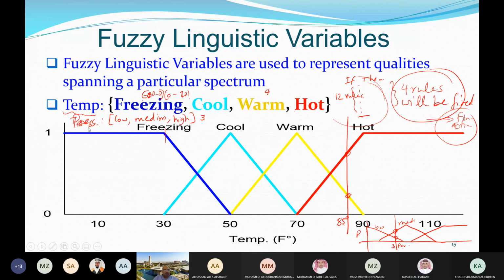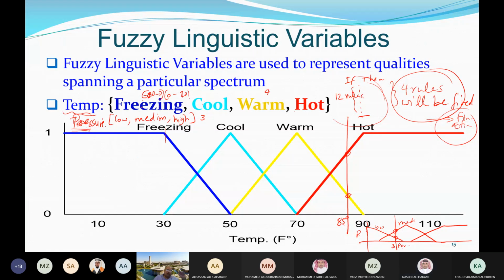This is the pressure. And assume that when you measure the temperature, we have another fuzzy variable, which is the pressure. The pressure also, you can assume it low, medium, high. Am I right? Okay.